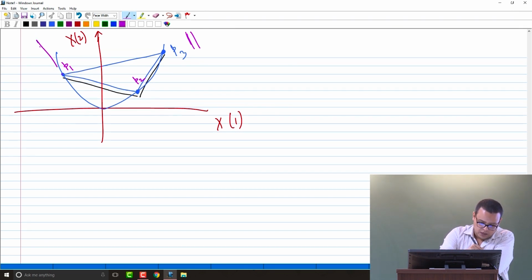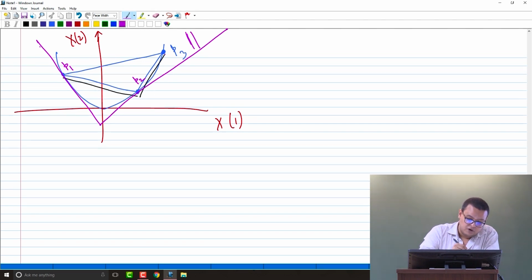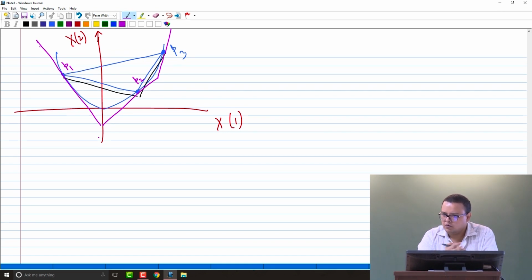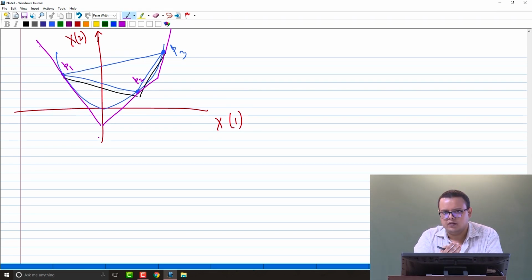It will look something like this, with tangents. This pink thing is a cell complex, and some of the polyhedra are unbounded, this one and this one. So you get it, these two are different things, and it is not obvious why they should be dual of each other. It needs a proof.